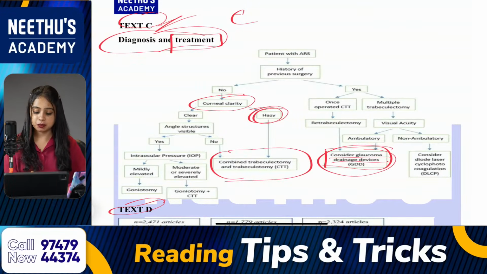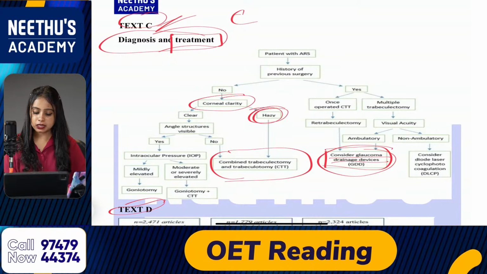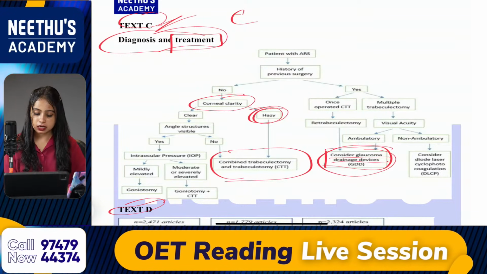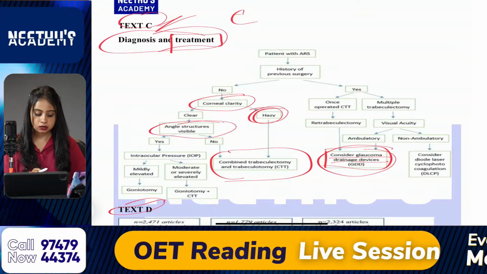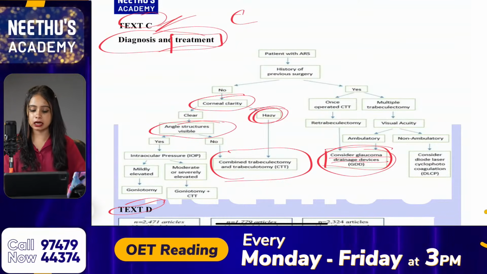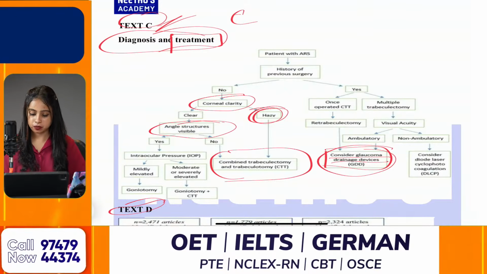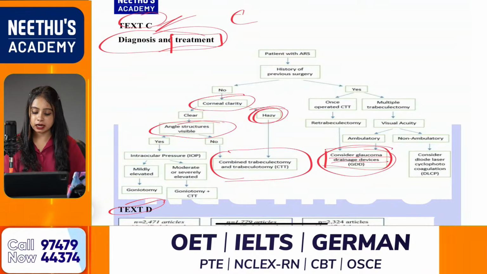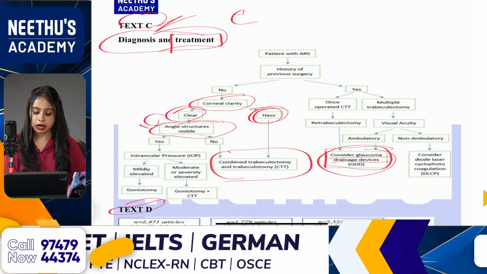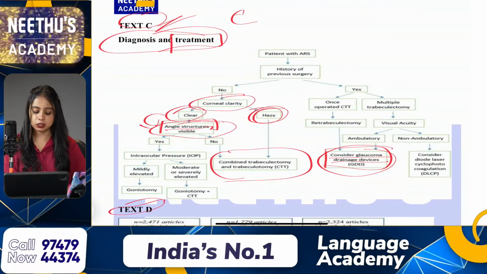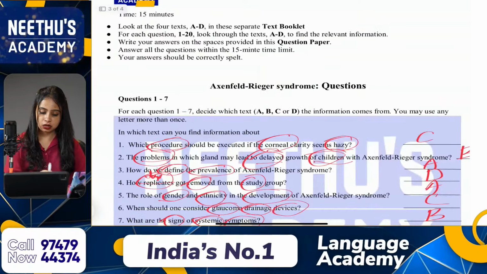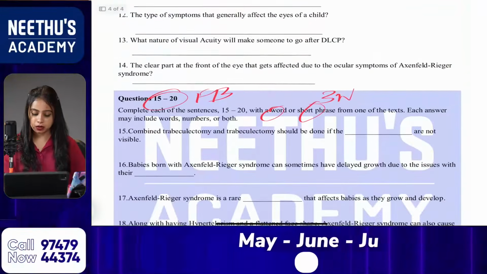So the answer is angle structures. Very good, Anu. If it is clear, then you can go for it if angle structures are visible. So that should be the correct answer.